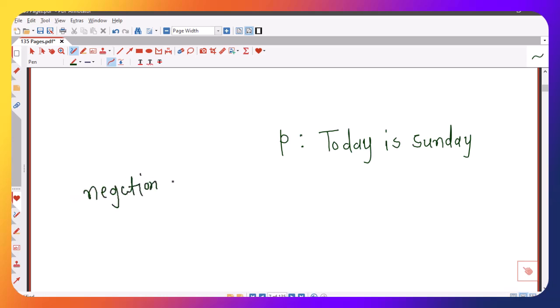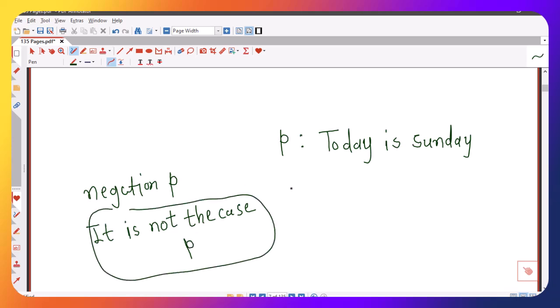If I want to write down the negation of P, then I will write that it is not the case that statement P is true.